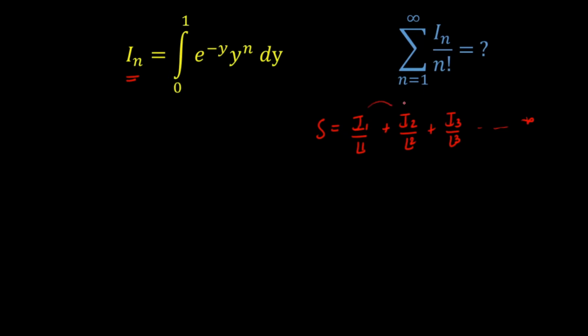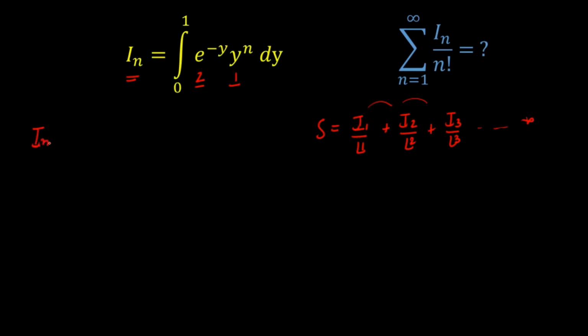Now here I'll be needing a relationship between I of 1, I of 2 and I of 3 and so on. So that means I'll be needing a reduction formula here. In order to calculate the reduction formula, I'll be using integration by parts. So let's say this is our second function, this is our first function. Here I'm applying integration by parts.